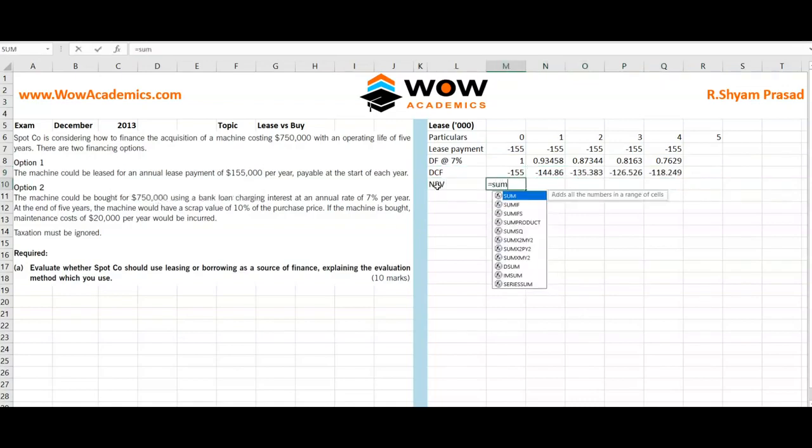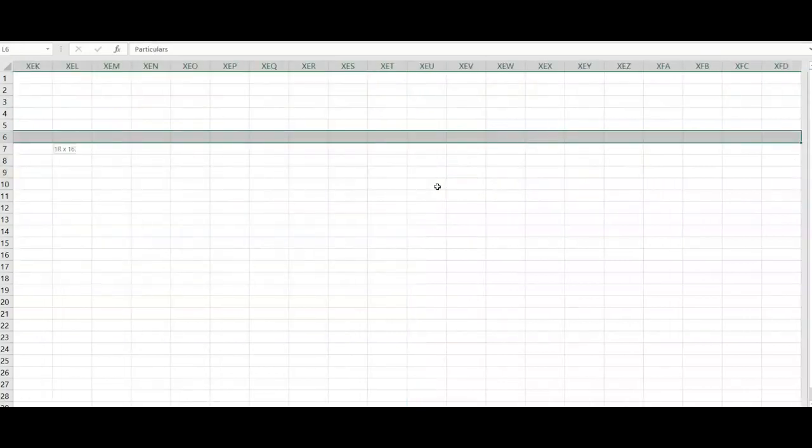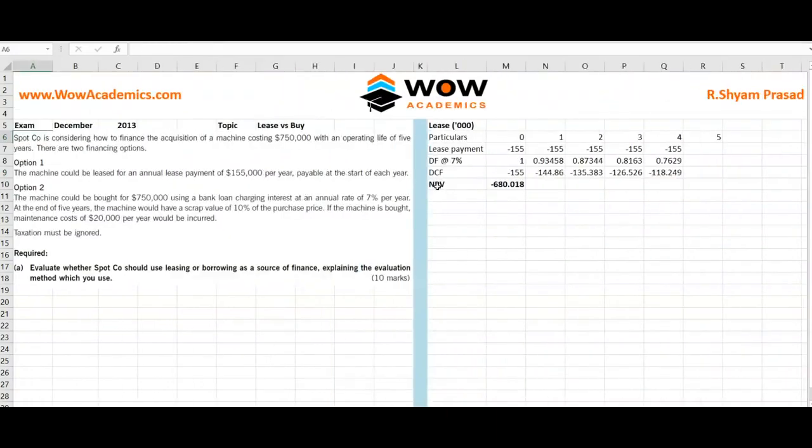So get the sum function, add all the inflows, and you got the answer. So the answer comes to negative 680. So the discounted cash flow comes to minus 680.